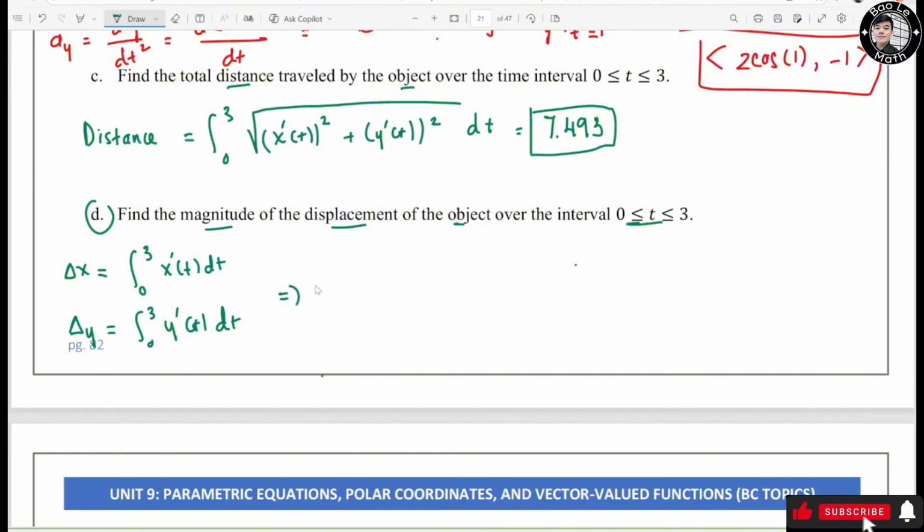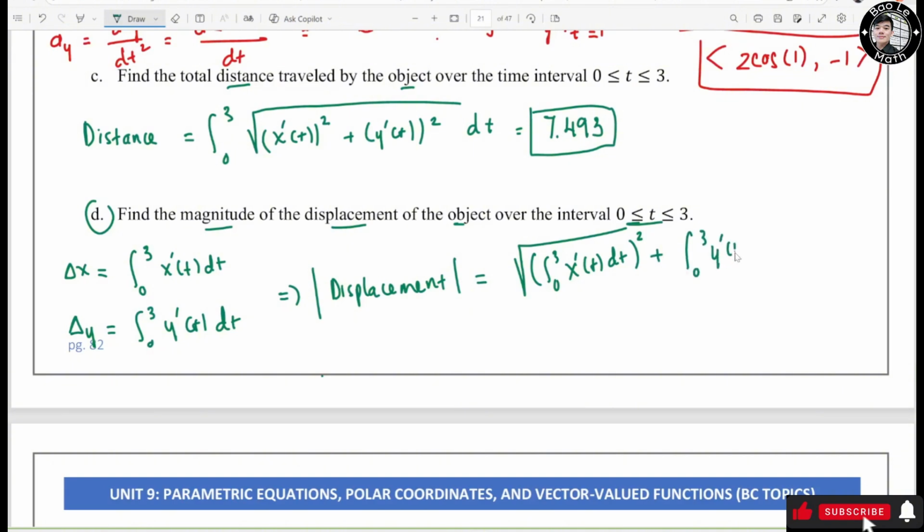So the magnitude of the displacement is the square root of this guy right here, integral from 0 to 3 of s prime of t dt all together squared plus the integral from 0 to 3 of y prime of t dt all together squared, right?